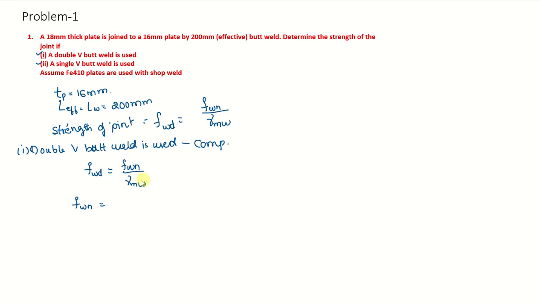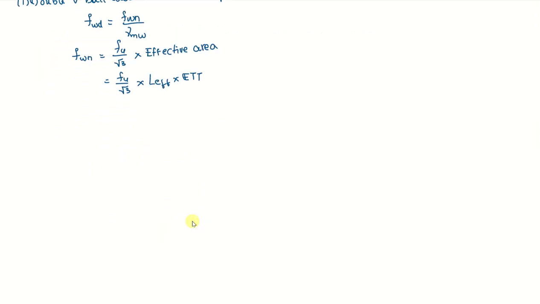FWN is Fu by root 3 into the effective throat area, that is effective length multiplied by effective throat thickness.